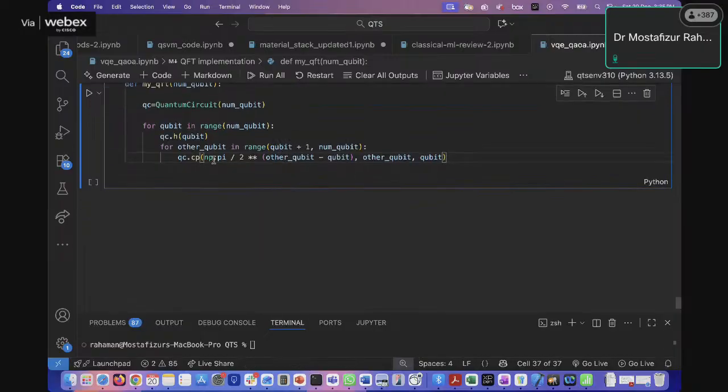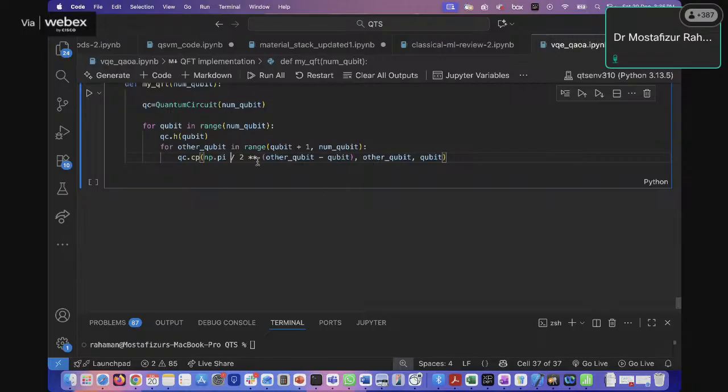I have to sequentially input the controlled phase gate from the first qubit onwards. Every time, e to the power theta 1 into e to the power theta 2 will effectively be e to the power theta 1 plus theta 2.